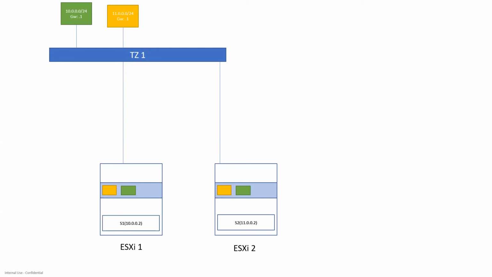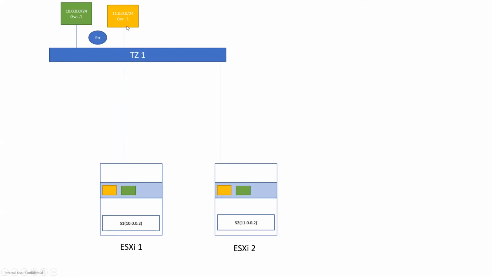Which will be in your edge. So for this example, you basically need a T1 router that will enable the communication between two segments within this transport zone, right?